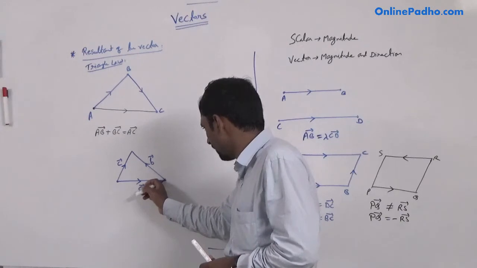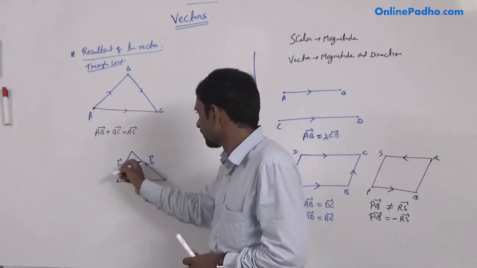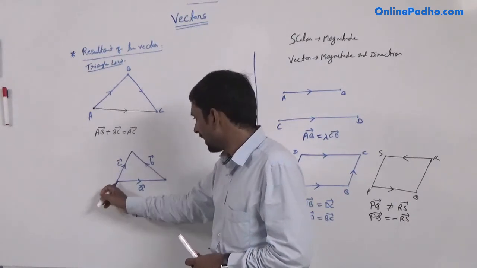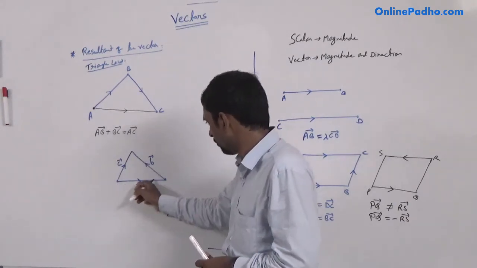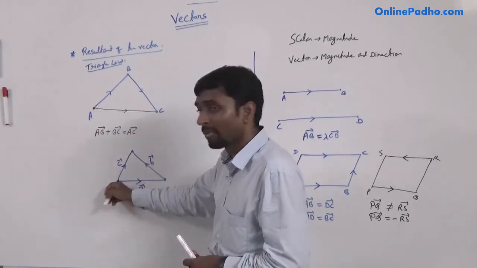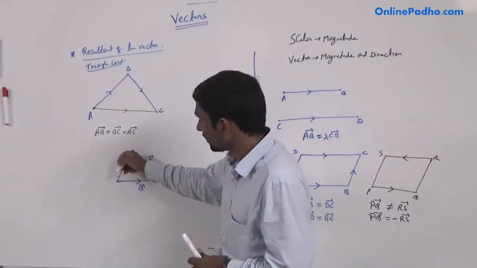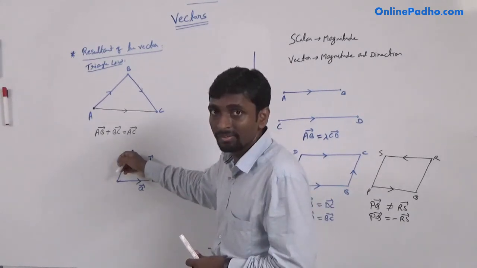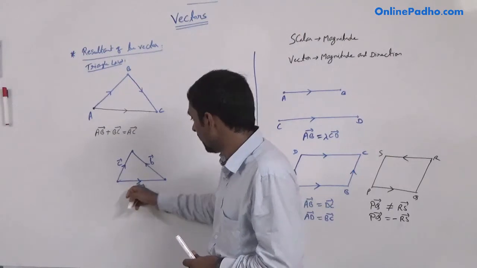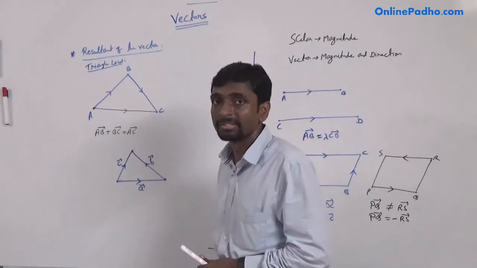And then ending point of this and starting point of the b vector the same in this direction. So you started from this point to this point finally. So finally you covered the distance of a vector plus b vector, that will be equal to displacement c vector, right?